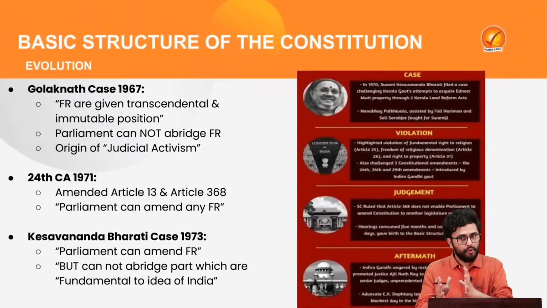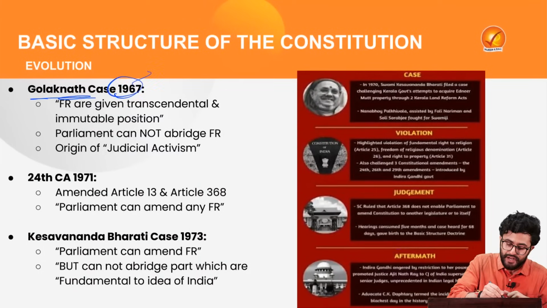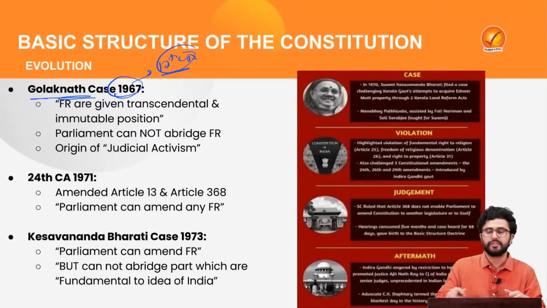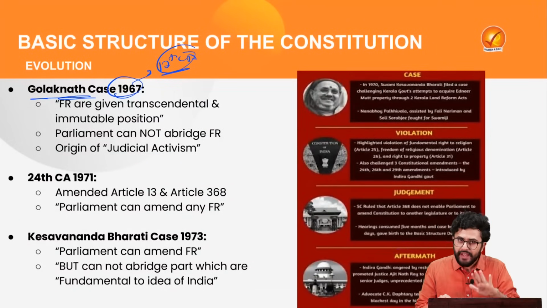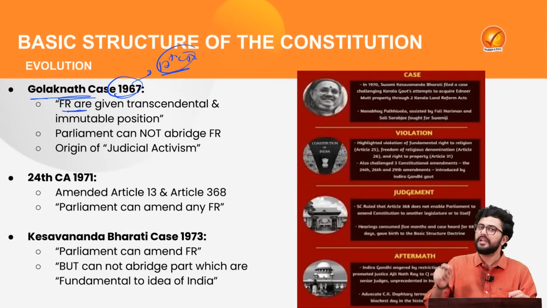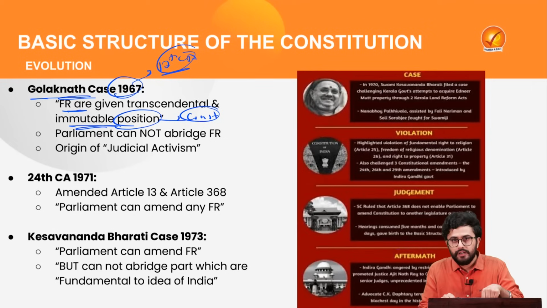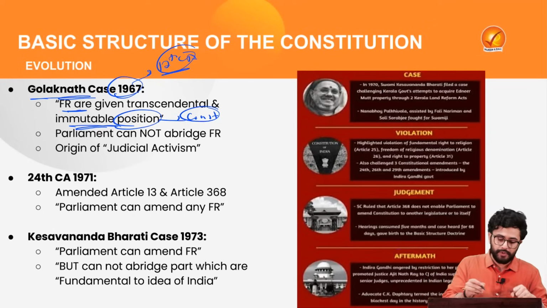However, this took a turn when the Supreme Court reversed its earlier judgment in the Golaknath case of 1967, when it was examining the validity of the 17th Constitutional Amendment, where it held that no, fundamental rights are given a transcendental and immutable position under the Constitution, and thus Parliament cannot abridge any fundamental right.